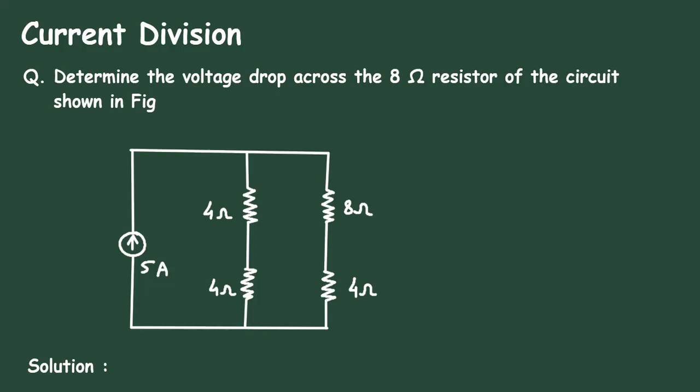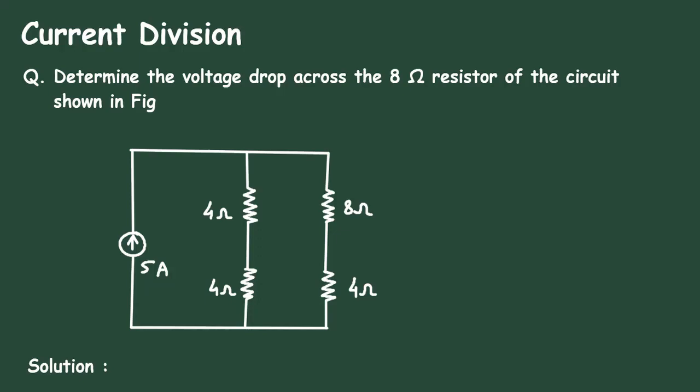First of all, we can see these two resistances are connected in series. So their equivalent will be 8 plus 6, so this will be 14 ohm. Now here we can see this current is 3 ampere. By using the current division rule, we can say current I4 is equal to this current I multiplied by the opposite branch resistance.